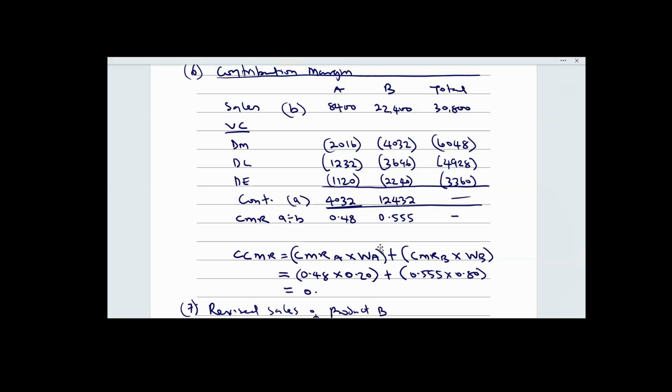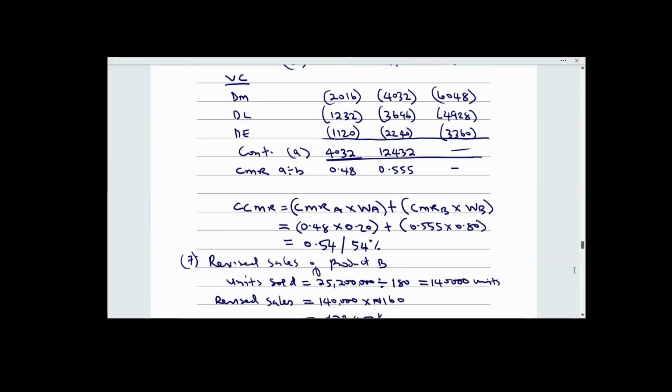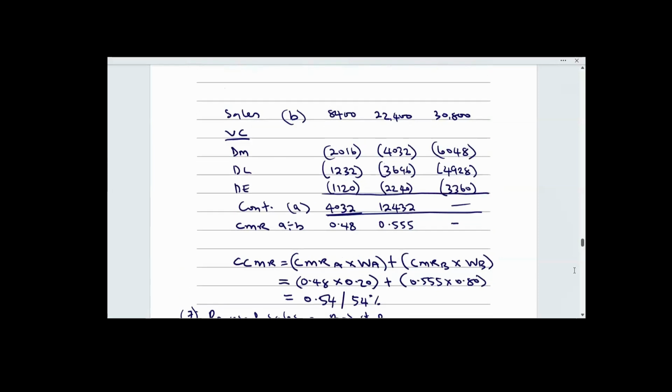This gives 0.54, or 54%. So the composite contribution margin ratio is 54%.